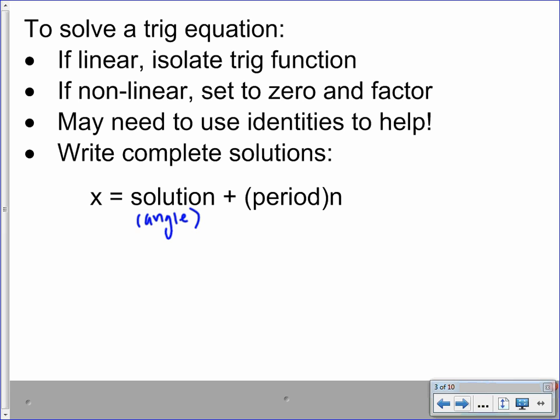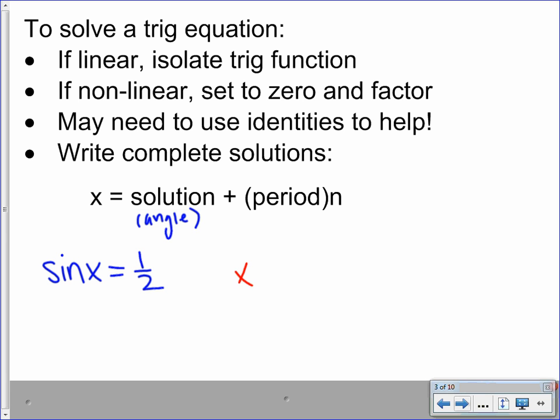So we want to write all of the solutions that this equation has. And we know that with these periodic functions, they repeat every period. So in the case of our sine of x equals 1/2, we know that at pi over 6, the sine is 1/2.